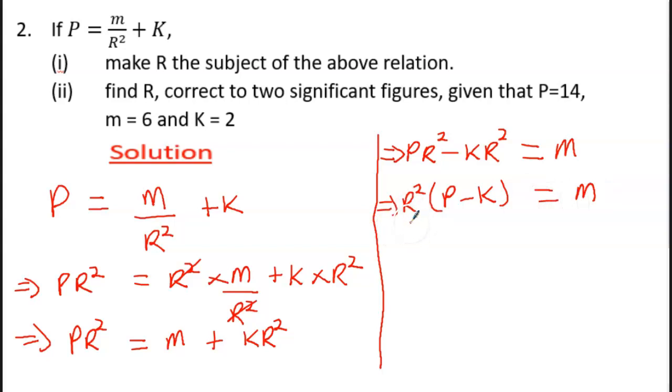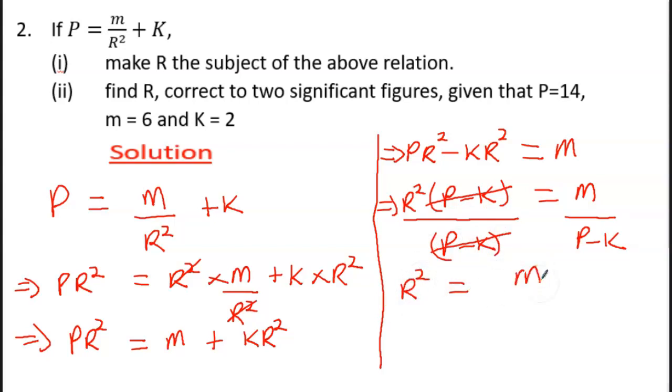We want to make R the subject, so let's divide both sides by P minus K. This P minus K will cancel P minus K, so R squared becomes M on P minus K. You were asked to make R the subject, not R squared. So to get rid of the square, let's take the square root on both sides.